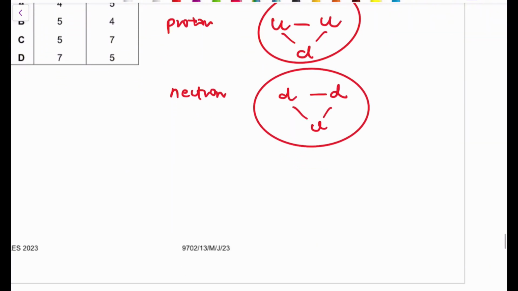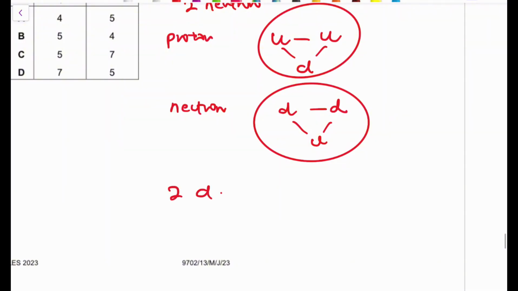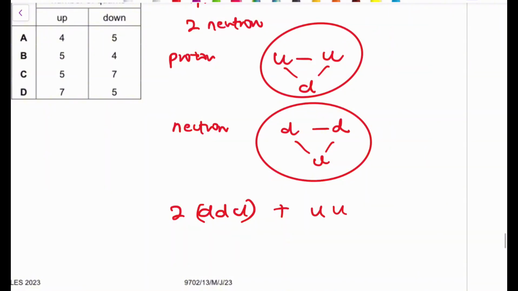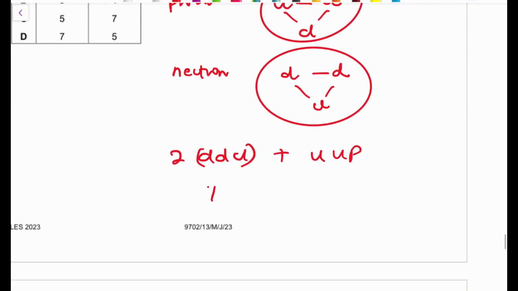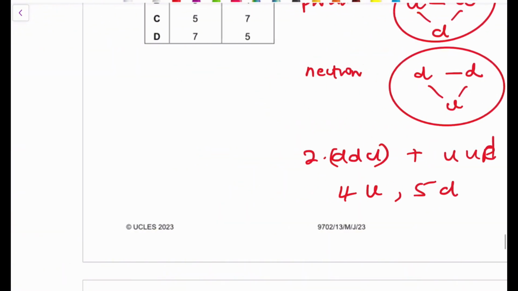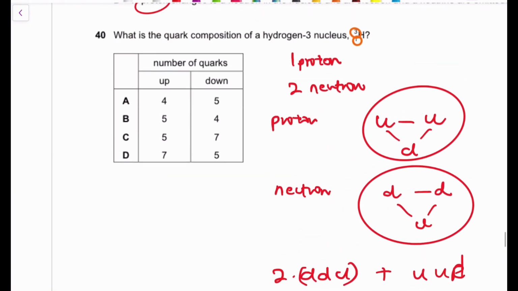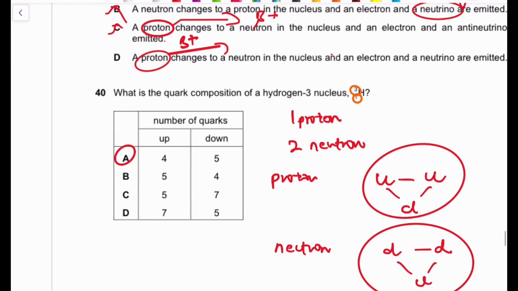So if we have two neutrons, it means that we have two down, down, up, plus we have an up, up, down, right? So basically I have 4 ups, but I have 5 downs. So it's 4 downs plus 1 down over here. That gives me a total of 5 downs and 4 ups. So it's 4 ups, 5 downs. The answer is A. Very important, right?